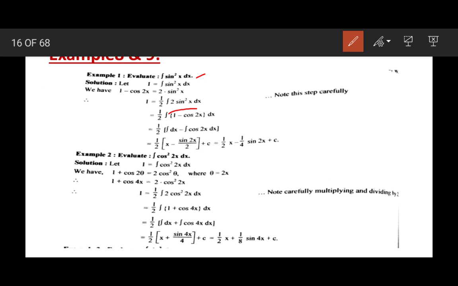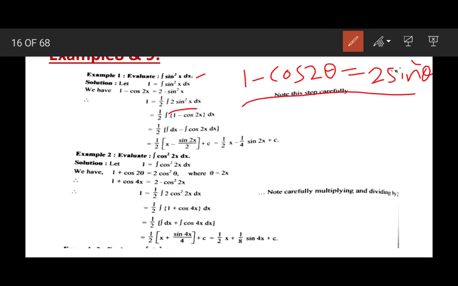We know that 1 minus cos 2 theta is equal to 2 sine square theta, and I am going to use this relation here. So I am writing this 2 sine square x as 1 minus cos 2x. That means integral of 1 dx minus integral of cos 2x dx.